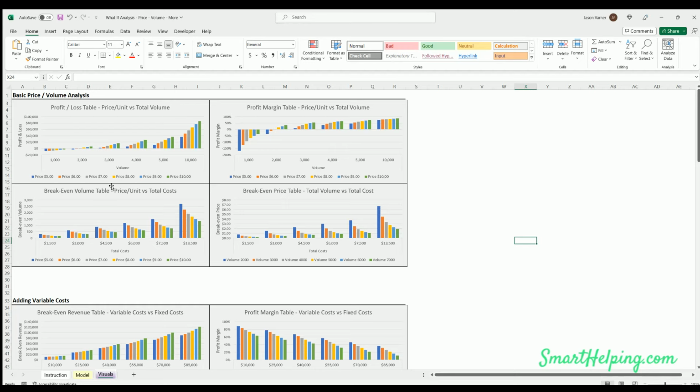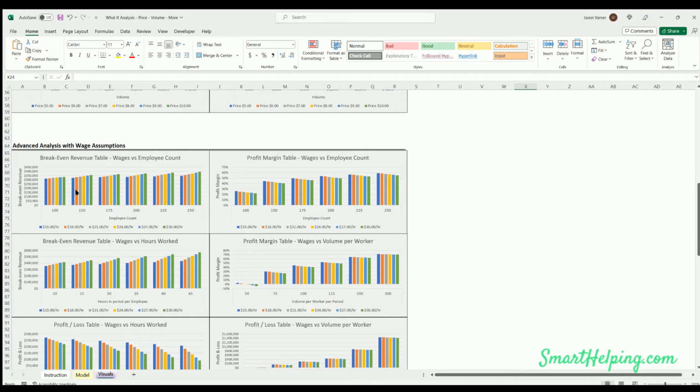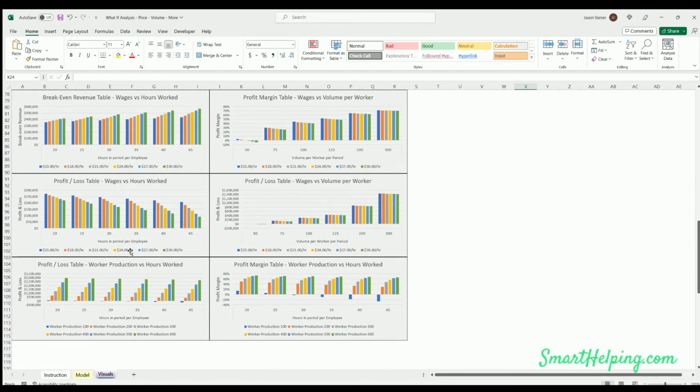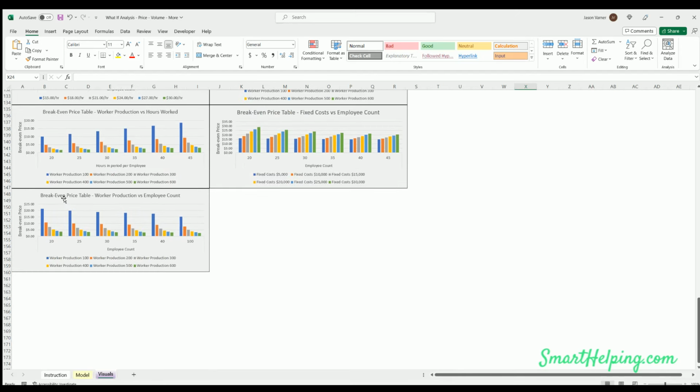Margin, same deal. This is a nice one, volume and price. So at different volumes and different price points, what's your P&L? What's another good one? Your break-even price is pretty important to see at different employee counts and different worker production levels.